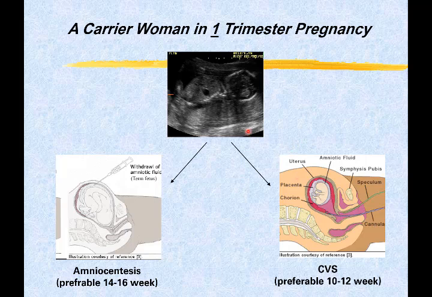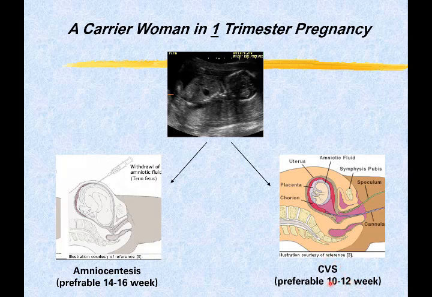So first we perform the sonography. If the fetus is in normal condition, then we perform either chorionic villous sampling, CVS, for which the optimum week is the 12th week.